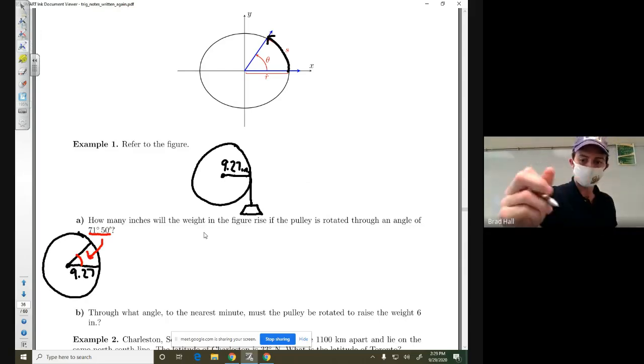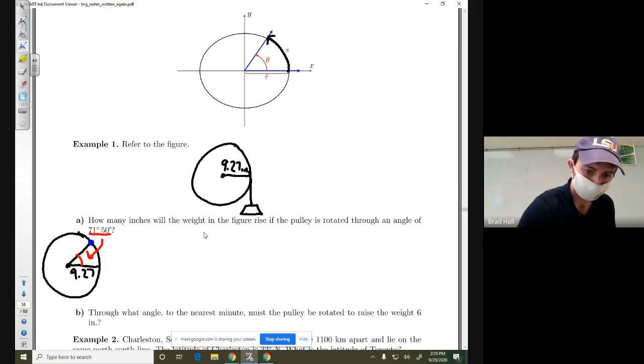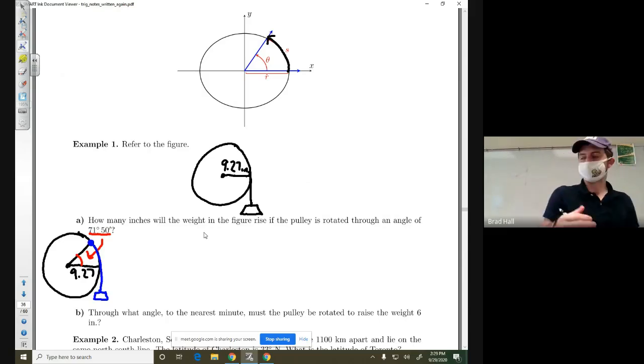Really what we're trying to find is this: the weight has now gone up a little bit because the wheel has rotated, which has pulled the weight up. We want to figure out that distance.